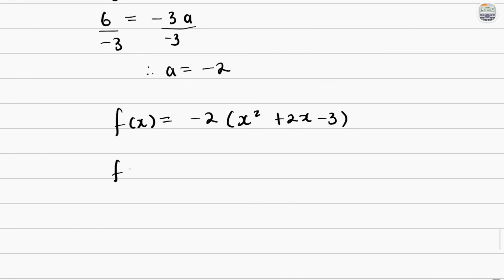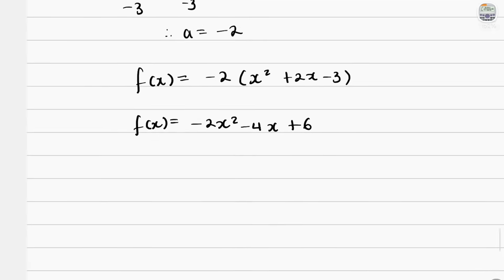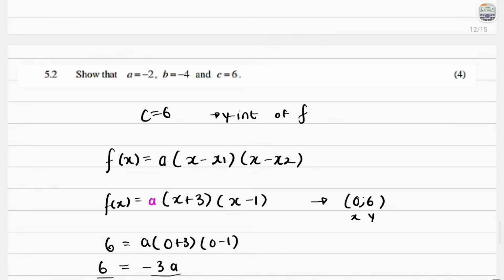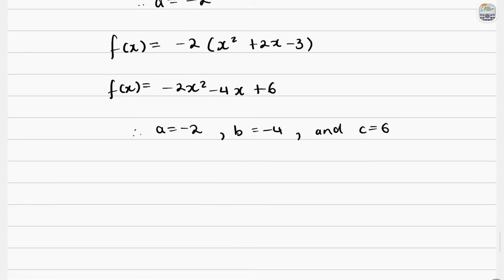Then distribute in. So f of x is equal to -2x squared minus 4x plus 6. So there we go. We can see that therefore a is equal to -2, b is equal to -4, and c is equal to 6, and just like they said it would be. And that is our answer.